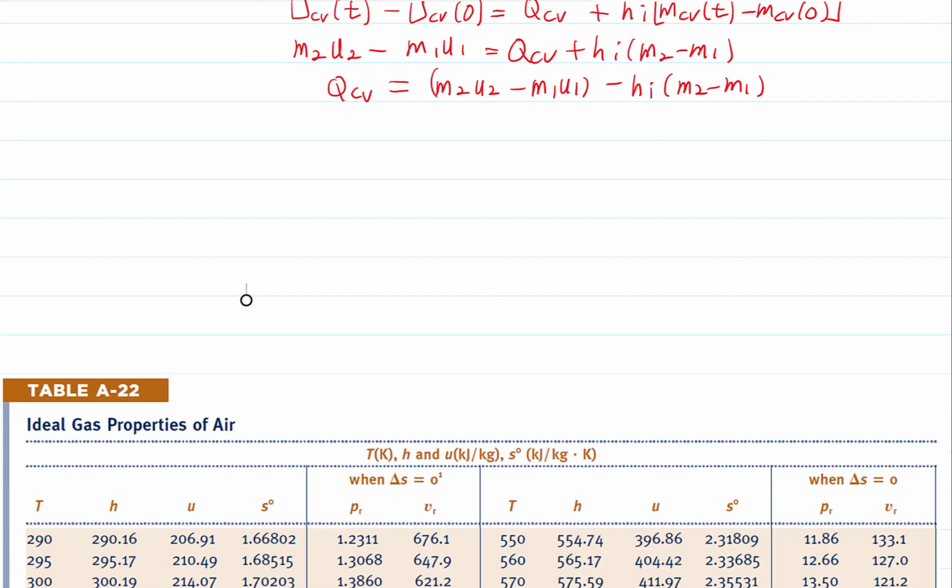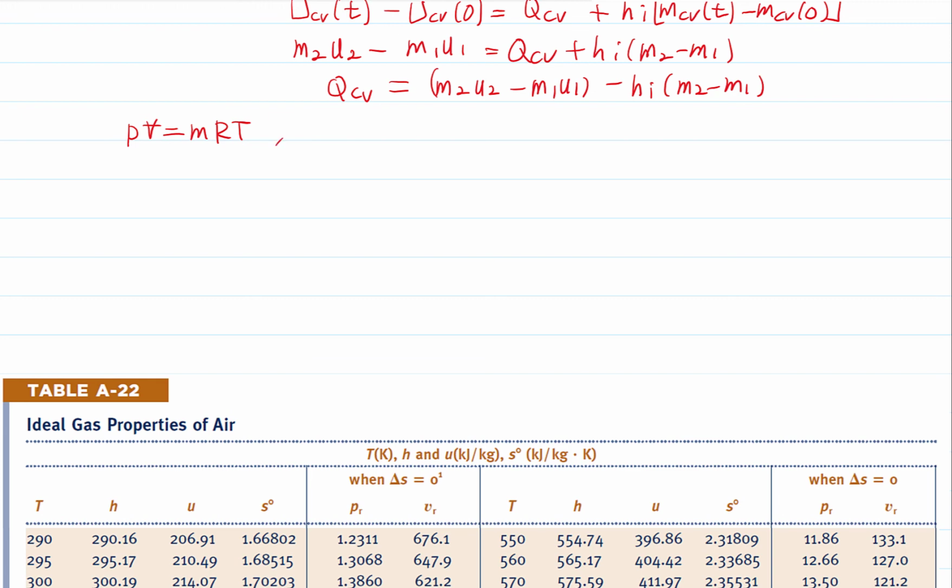Air is considered an ideal gas, so the internal energy and enthalpy are only a function of temperature. So we can use thermodynamic tables to determine the internal energy and enthalpy of air. And we're going to use the ideal gas law to determine the mass at the initial and the final states. The ideal gas law states pressure times volume equals mRT.